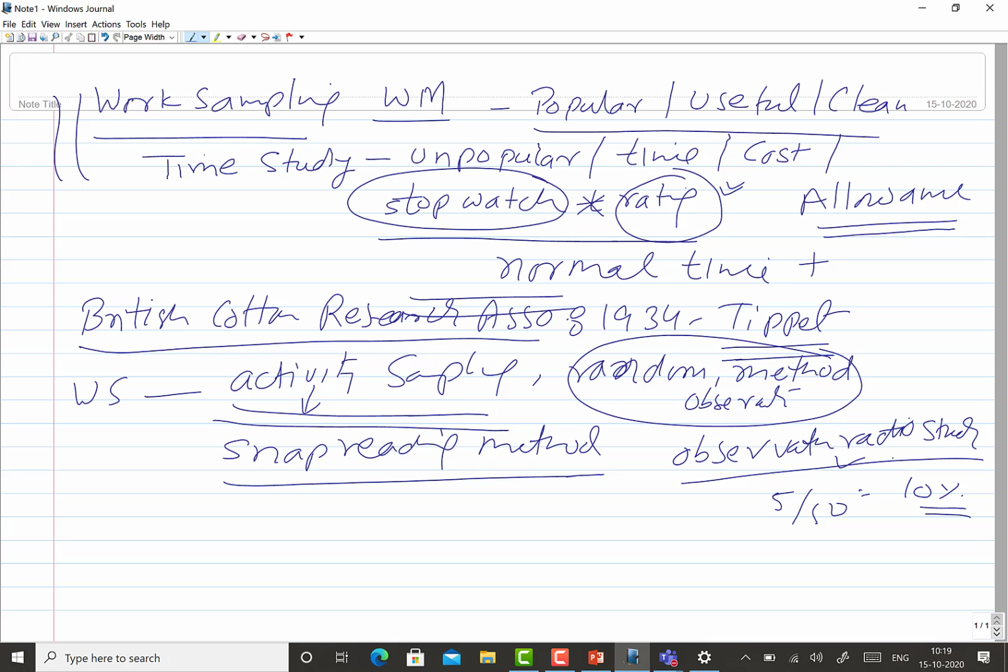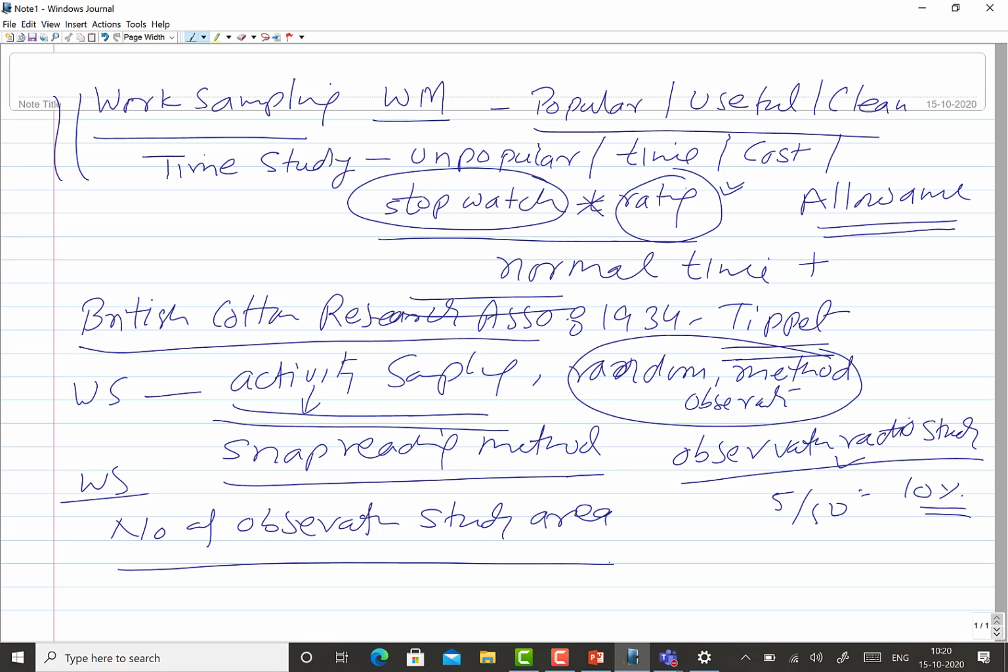Now, what is the basic logic or the fundamental principle on which it is based? As I said, in work sampling, a number of observations of the study area are made at random instants, at random time intervals.